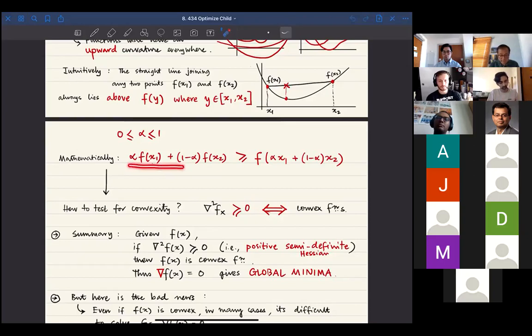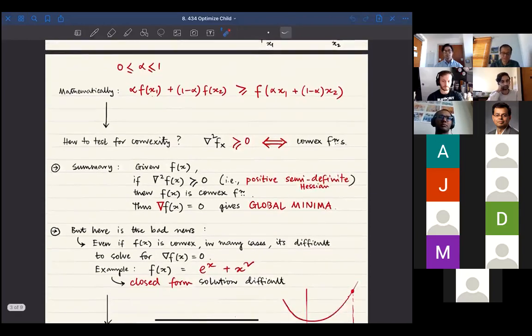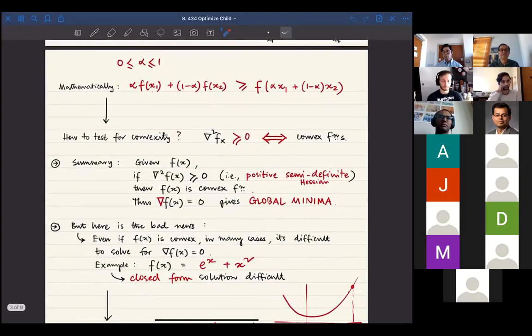Whatever weighted average you've done, if I take the value of the function at the weighted average of x1 and x2, which is this, that value is always less than the value on the chord. I hope this equation gives you peace. I hope it doesn't bother you.